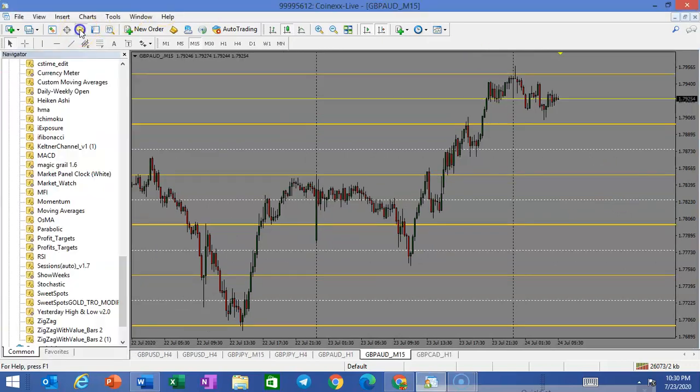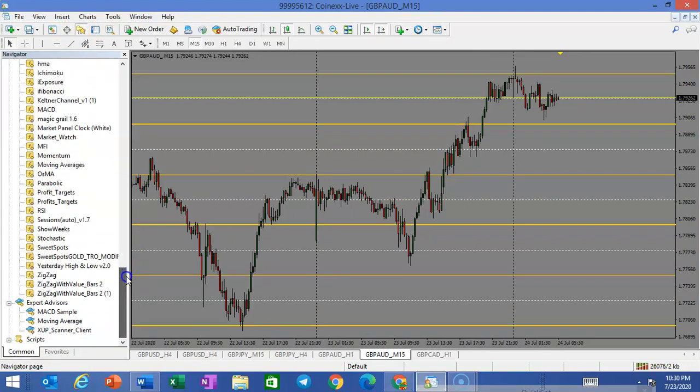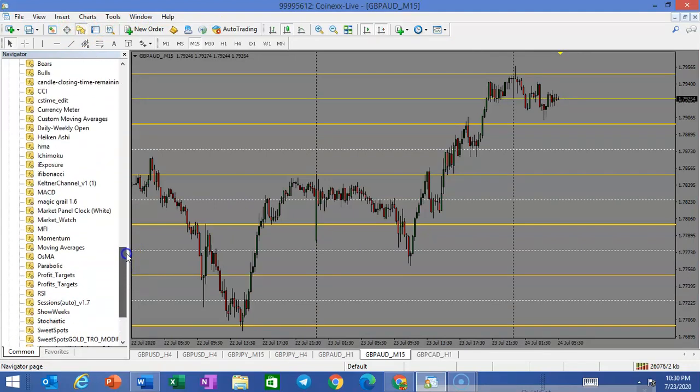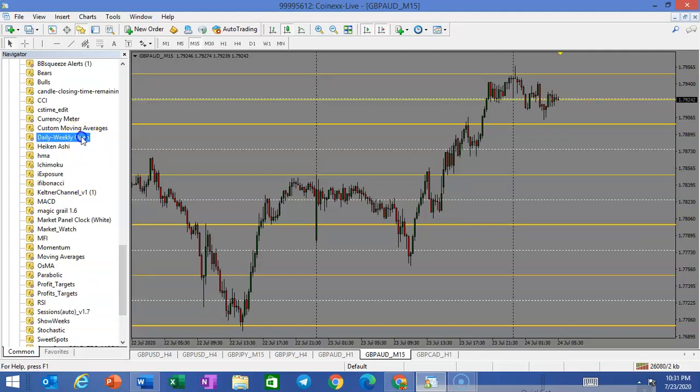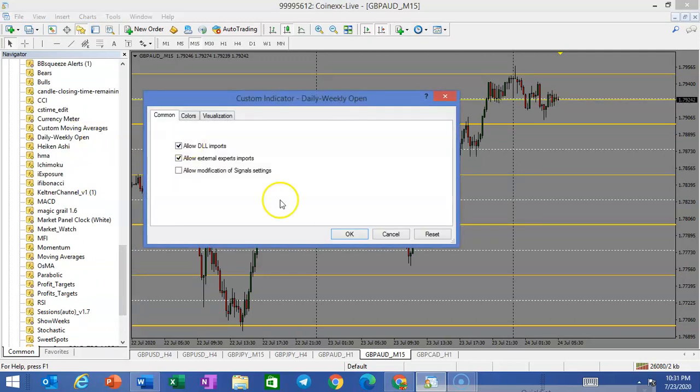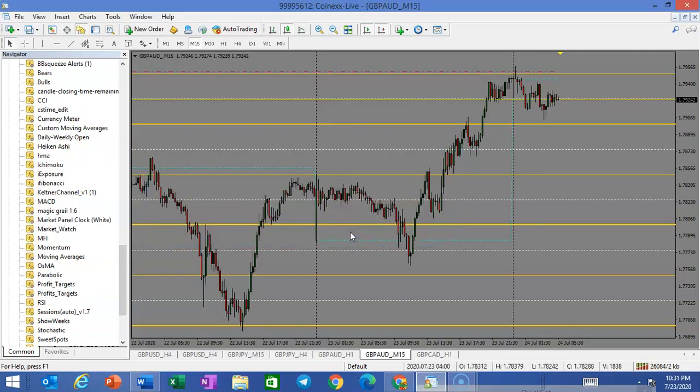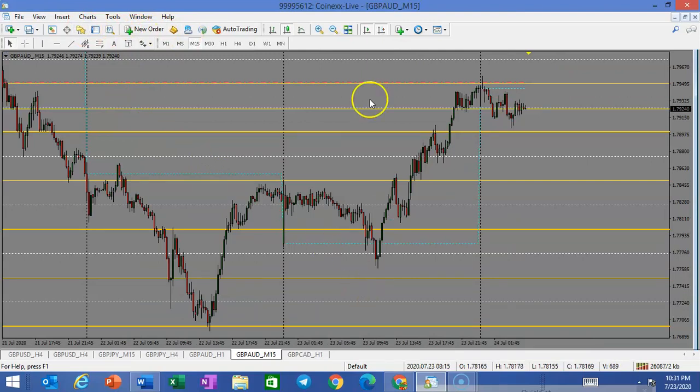So in addition to the sweet spot indicator, I also use the daily weekly open, and this red tracer demarks the weekly open, and the blue tracer demarks the daily open.